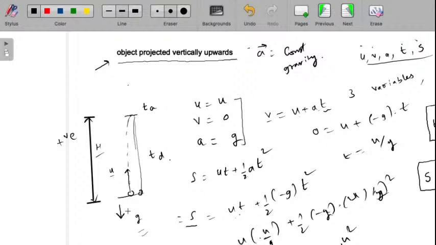As we can see from the sign convention, u is upwards, a is negative, so it's a negative value. And the v versus t is going to be a straight line with a negative slope, and the s versus t is going to be a curve with a negative curvature. So it's like this. If it starts from origin, it's going to be like this.